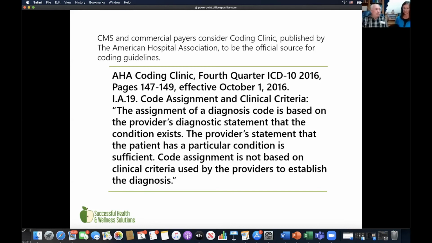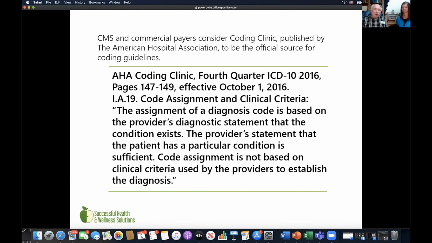Dr. Smith, just tell them what that means. So this is saying if a physician or a non-physician practitioner makes a diagnosis based on their clinical decision-making and best judgment, that is in fact the diagnosis. That really cannot be questioned by an auditor or a reviewer.